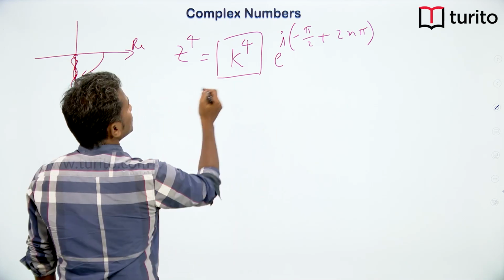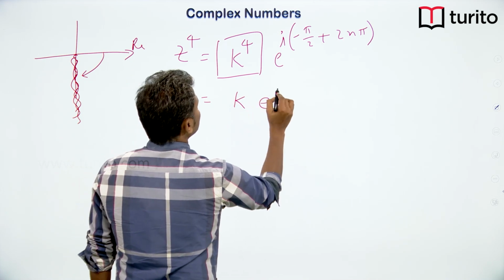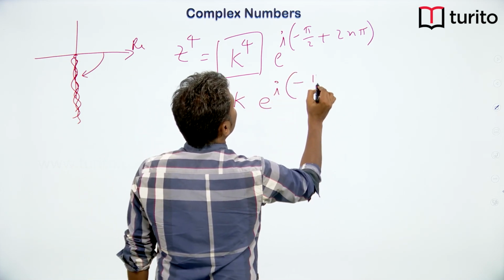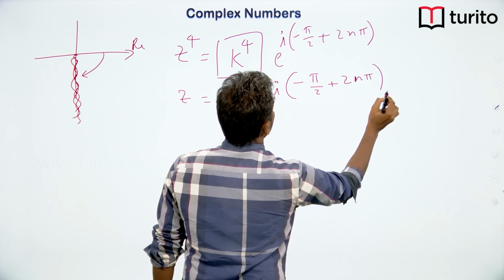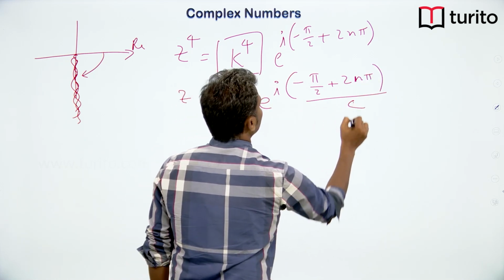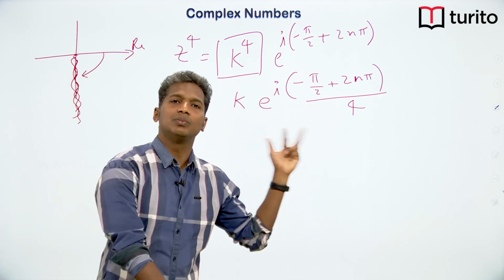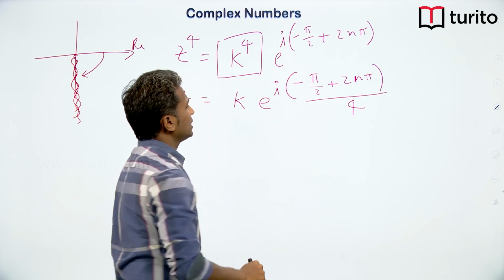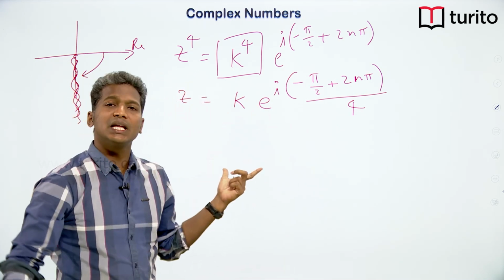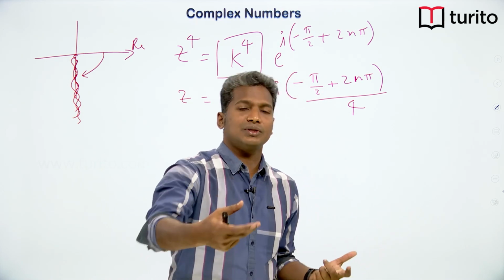Okay. So, now if I solve for z, I get something like z equal to k into e power I times minus pi by 2 plus 2n pi, whole divided by 4. What I have taken is the fourth root on both sides. Now, if I simplify this, you will also notice the way I am solving this is the way we solve for cube roots of unity and also nth roots of unity.